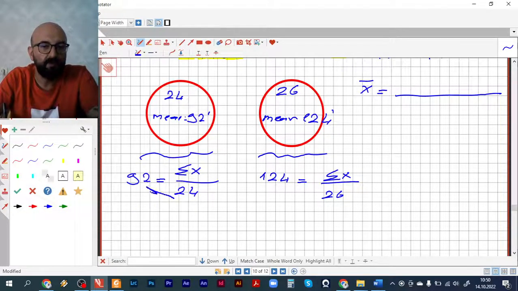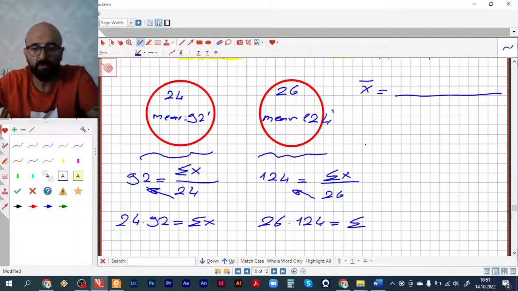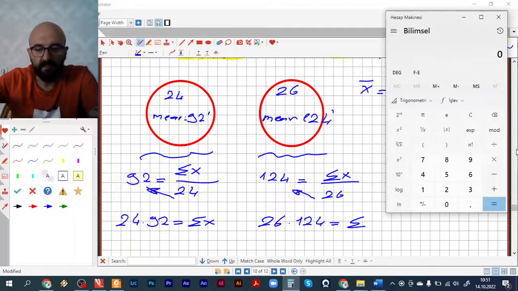And if you want the sum of all films for the first group, you should find 24 multiply 92. For the second group's sum of all films' playing time, you should find 26 multiply 124. And I want to use a calculator.